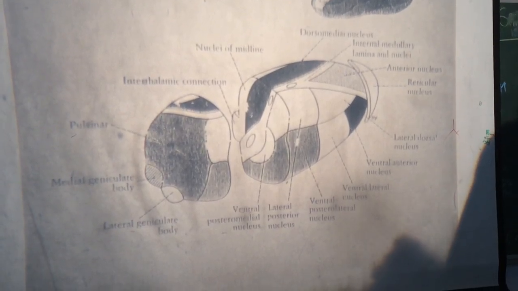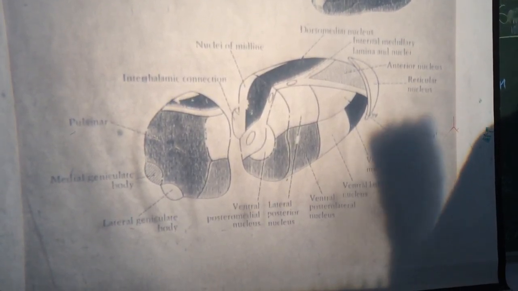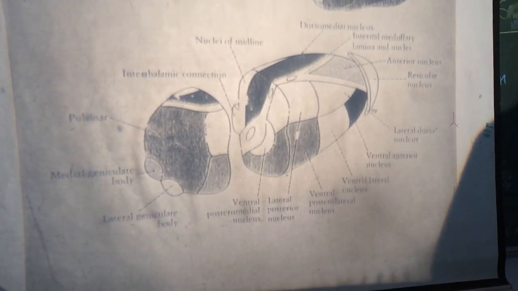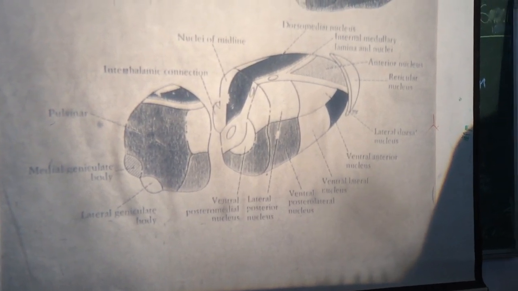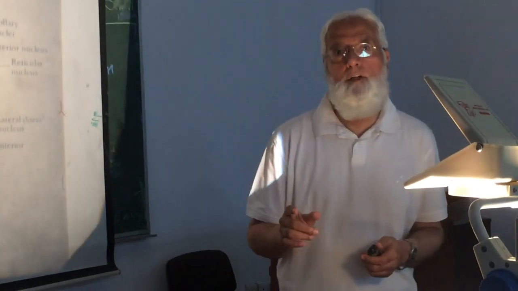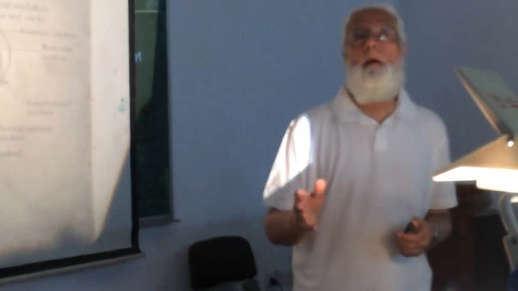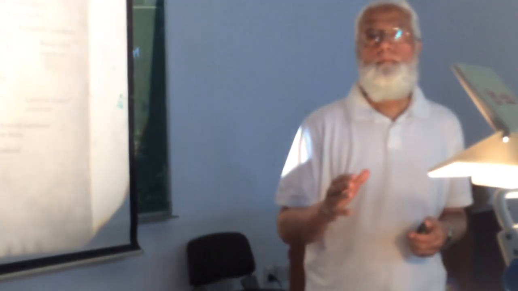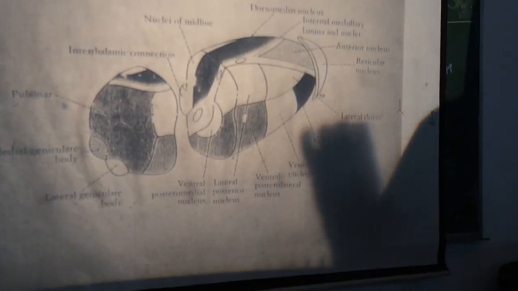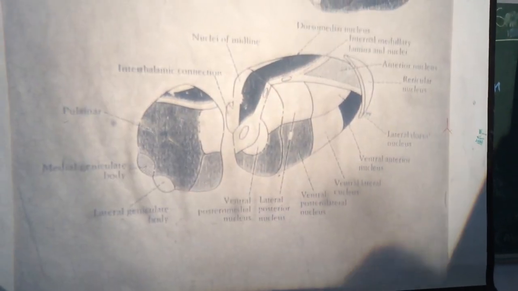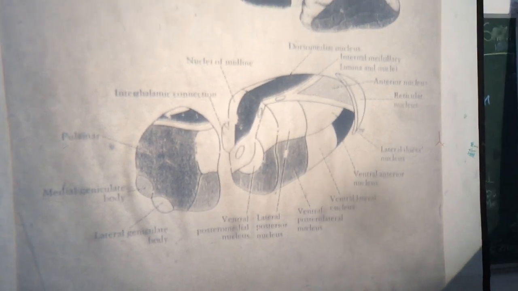The anterior nucleus has connections with the mammillary bodies, cingulate gyrus, and hypothalamus. These are the connections of the anterior nucleus in the anterior part.